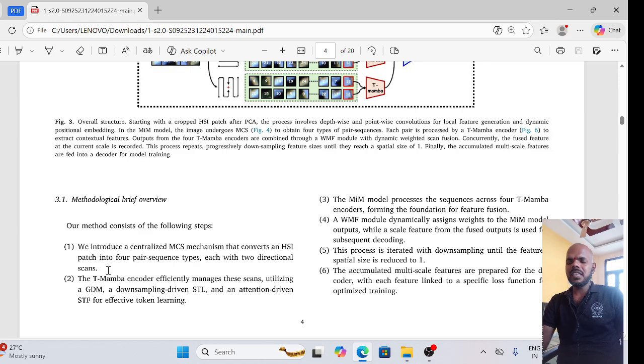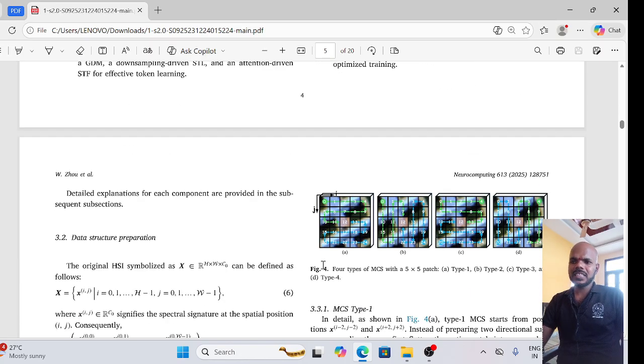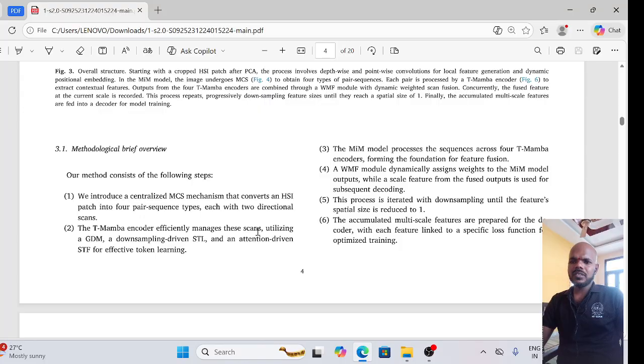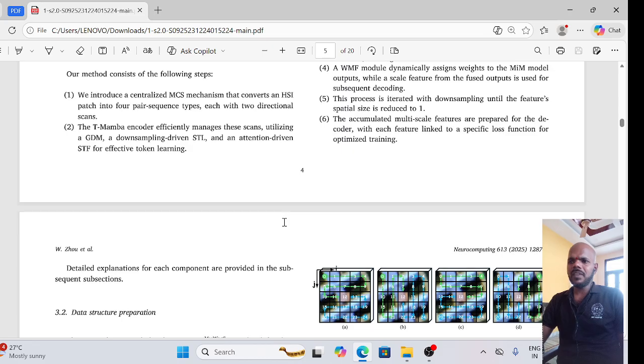That means how their proposed model is designed. There are different steps, step 1, step 2, step 3, up to n number of steps. In this paper they discuss 6 steps. They divided their proposed model into 6 steps so readers will understand easily.